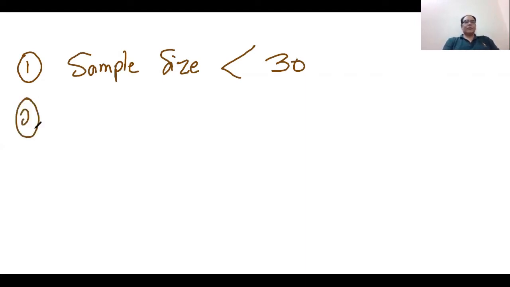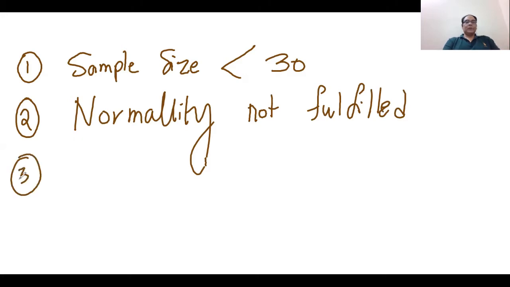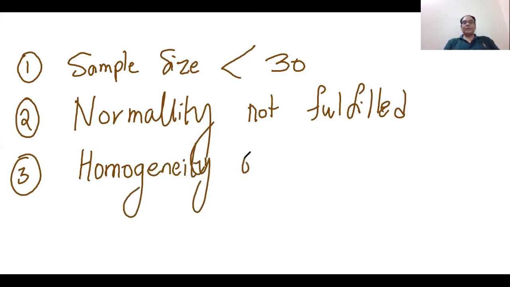Number two, you are having a problem of normality. So if normality is not fulfilled, then we can go for non-parametric test. Third, sometimes you know that in independent t-test and ANOVA test, we are having the condition of homogeneity of variance.